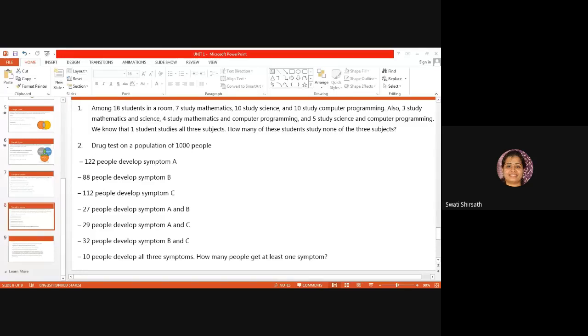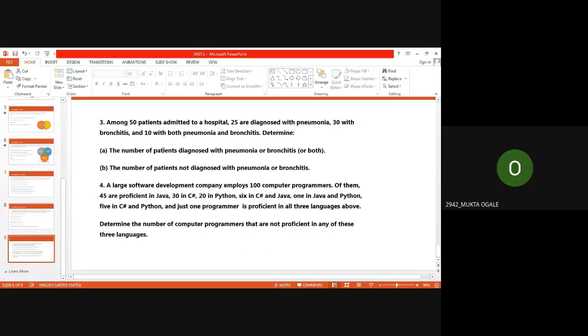Okay, 244. Great. Everyone is getting the same answer. So, if you're done with these two examples, should I show you the third and fourth one? Yes, ma'am. Solve this.